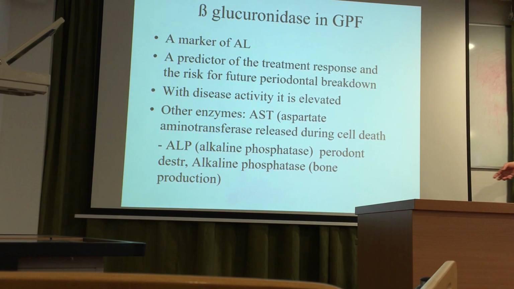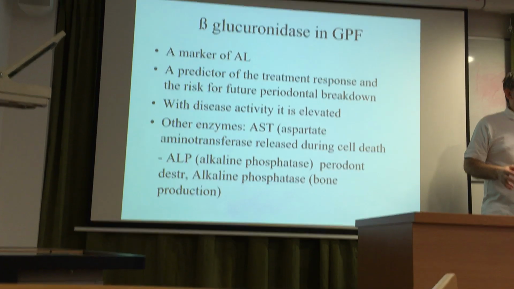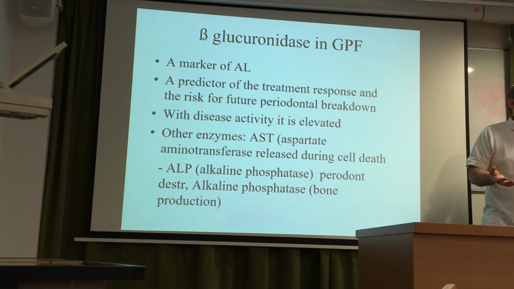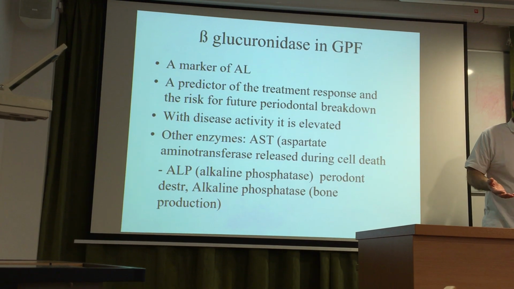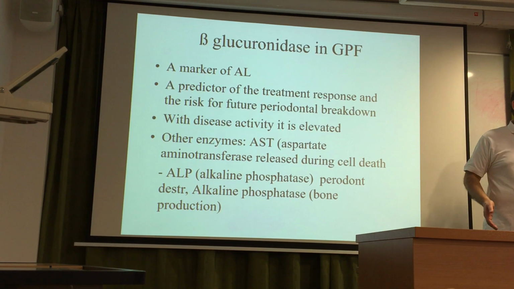Of course, you have to concentrate the treatment when the disease activity is high, okay? Because when the disease is inactive, there is no need for effective and immediate treatment.